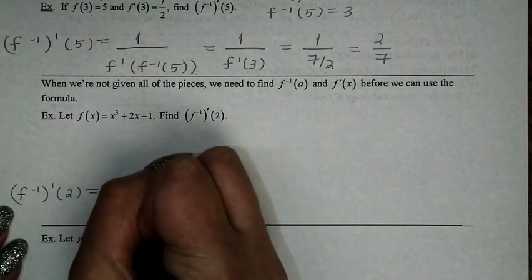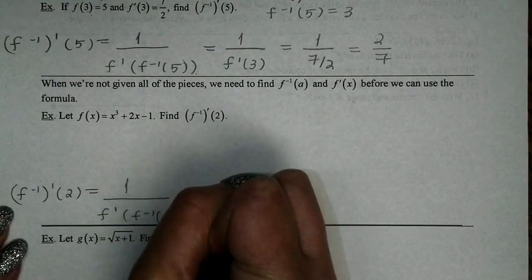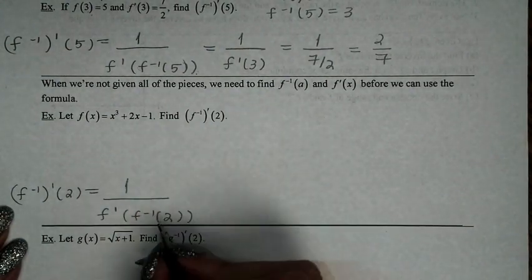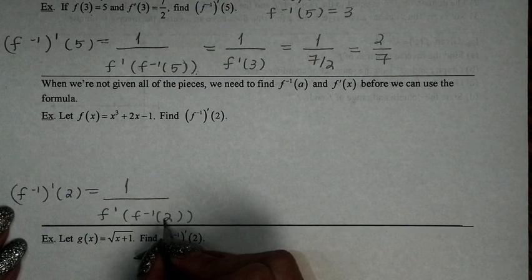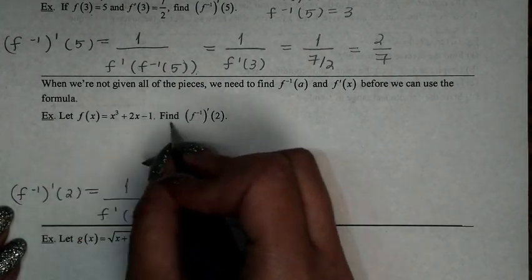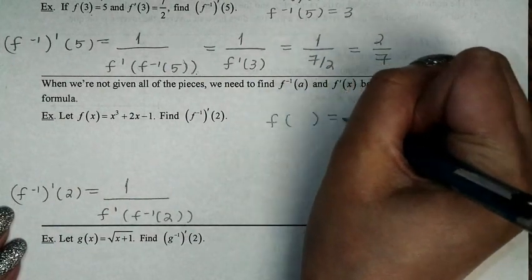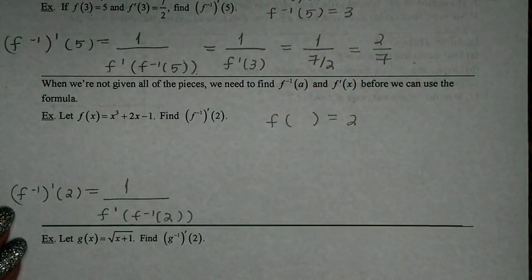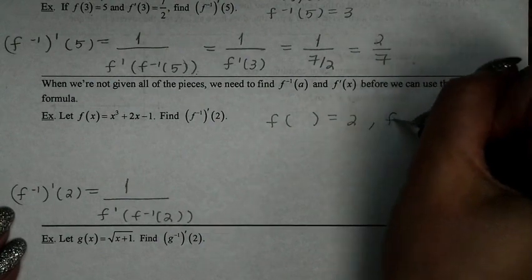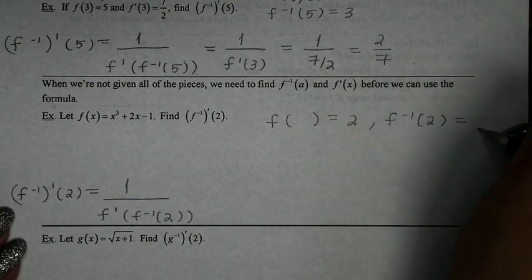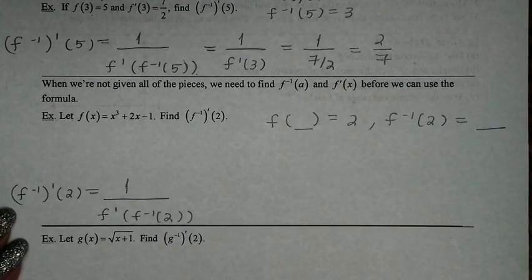I want something that gives me the output 2. Why? Because I want f inverse of 2 to be equal to that something that I don't have. Do you agree with that?